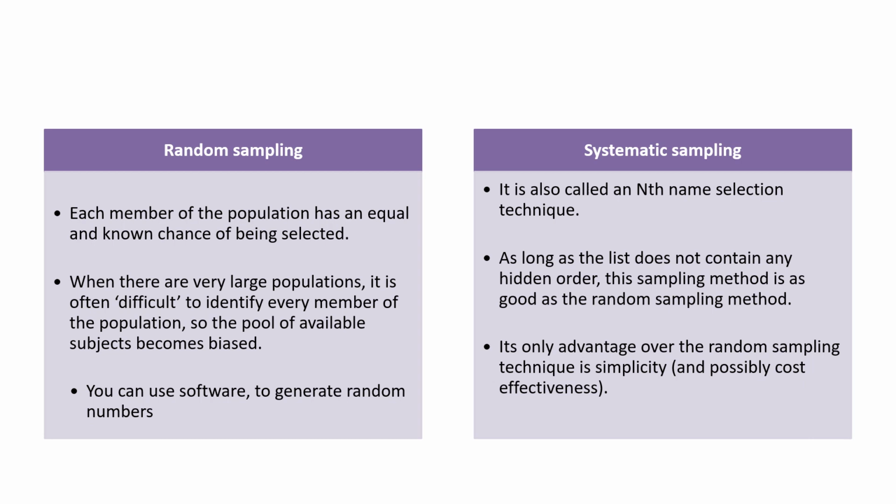Say you decide to select every third household. So once you identify the first one on a particular street, you count every 3 houses and you select one household. That would be systematic sampling. It has an advantage over random sampling in that it possibly could be cheaper and easier to conduct.